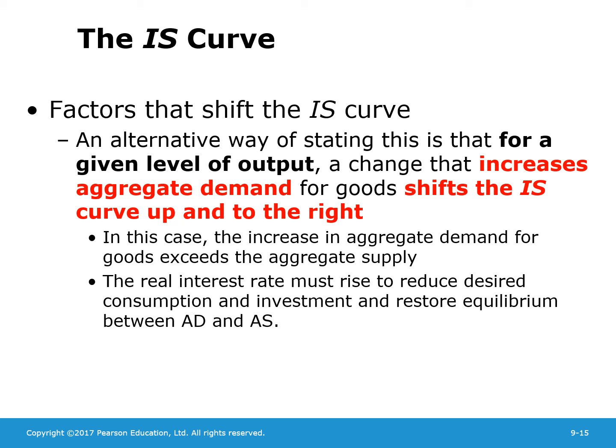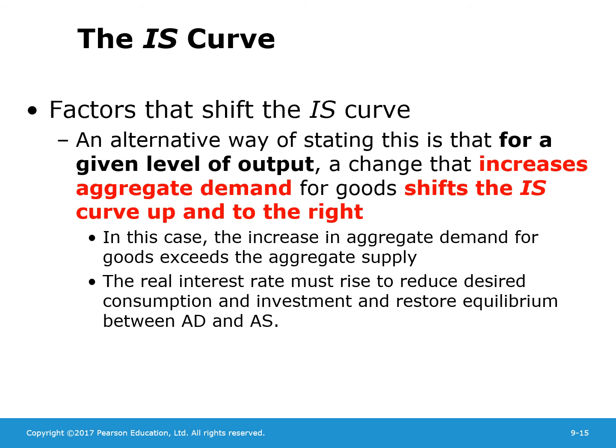So for a given level of output, a change that increases aggregate demand for goods shifts the IS curve up and to the right. This is the other way to express the shift in the IS curve. We saw in the previous slides that this happens when desired national saving decreases relative to desired investment.